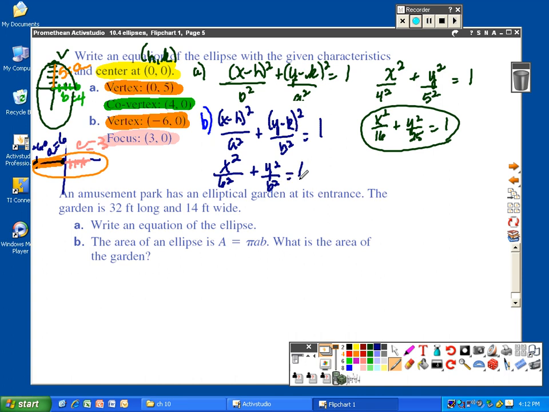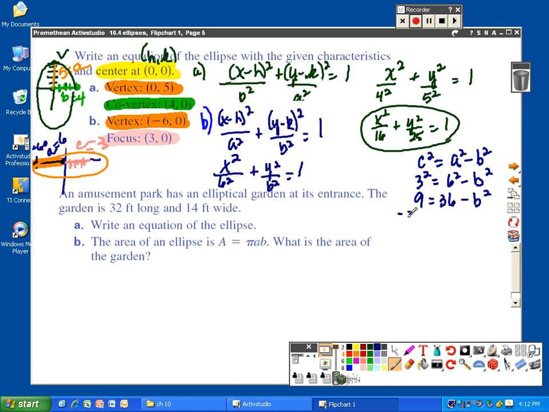So this is going to take just a teeny bit more work. I know c squared equals a squared minus b squared because here they're added. So c was 3, so this will be 3 squared equals a, which was 6, squared minus b squared. So this is 9 equals 36 minus b squared.